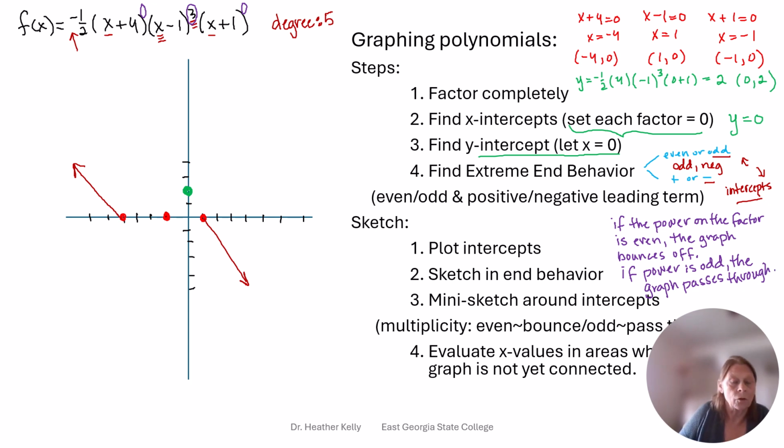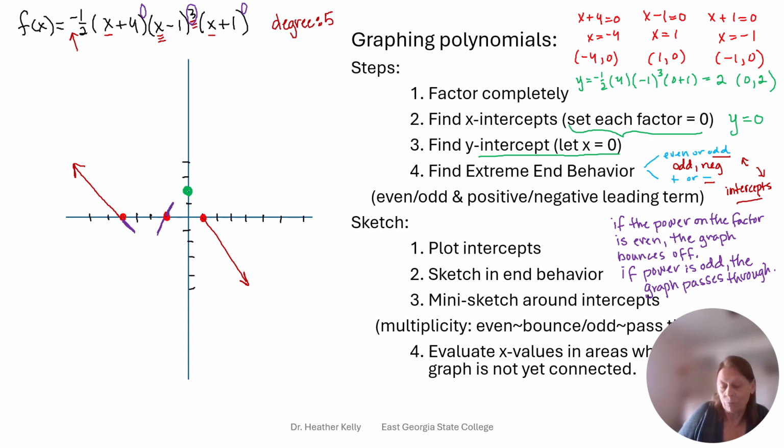Okay, so if we look here at x is equal to -4, there is no power there. That means that it is the power of 1, which is an odd number, so that means that it's going to come down through here. Now at -1, the power is 1 as well, so it's going to pass through the point.